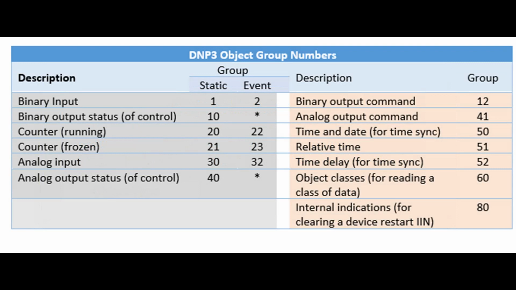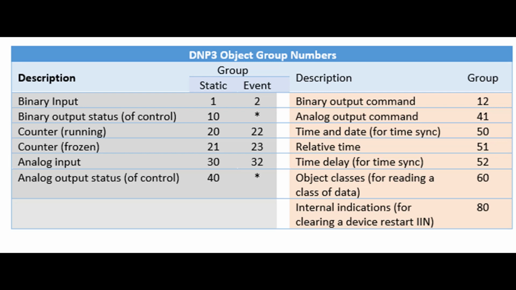We are now going to talk about object groups, but before we continue, please remember what was mentioned in Lesson 2. We are constraining discussions to the DNP3 subset levels. This means that there are many more DNP3 object groups than are going to be discussed.